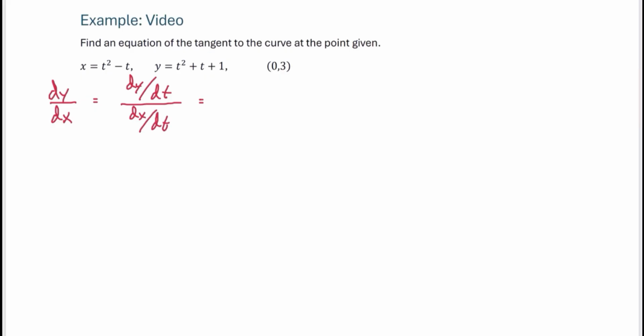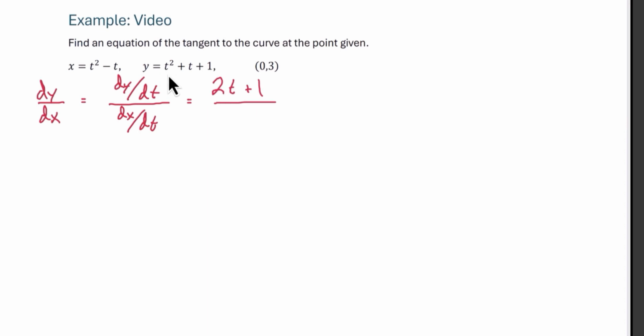In the numerator, we're finding the derivative of y with respect to t. So that would give us 2t plus 1. In the denominator, we want to find the derivative of x with respect to t. That gives us 2t minus 1. So I'll just make a note that this is the first derivative.